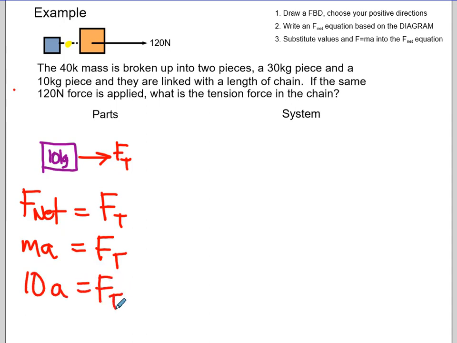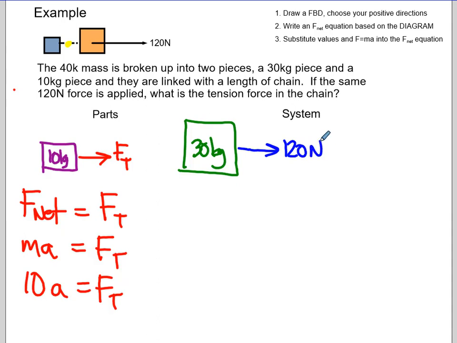But I run into a small problem because I don't know the acceleration and I'm looking for the tension force. So that's a dead end. Okay, let's draw the larger 30 kilogram box. I'll ignore the vertical forces. Let's use blue for our forces. So we have the 120 newton force here.